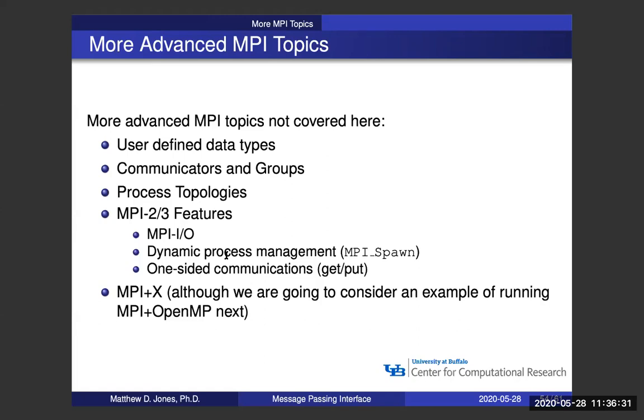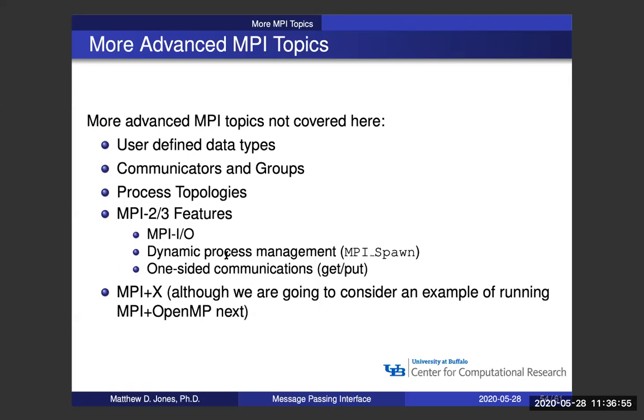One thing I do want to mention, considering I'm going to talk in a couple of weeks about OpenMP, is that it's quite popular, as I indicated earlier from that NERSC workload report, to couple together MPI with something else. These days, the something else is usually OpenMP. So you use MPI for message passing between individual machines, and then within a machine, you use OpenMP to take advantage of shared memory.